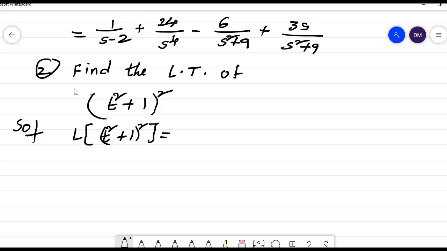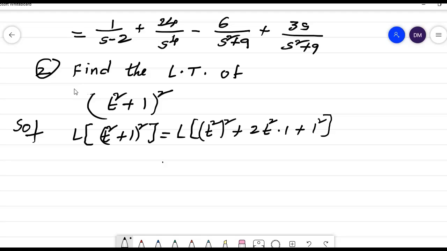For this we can expand the t square plus 1 whole square by using the a plus b whole square formula. What is the a plus b whole square formula? a square, means t square whole square, plus 2ab, 2ab means 2 into t square into 1, plus b square.